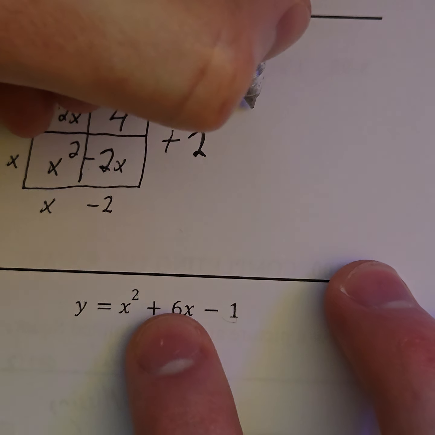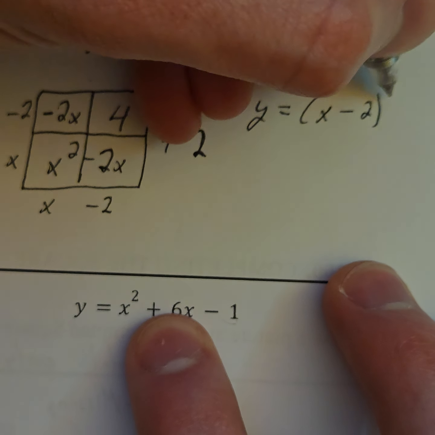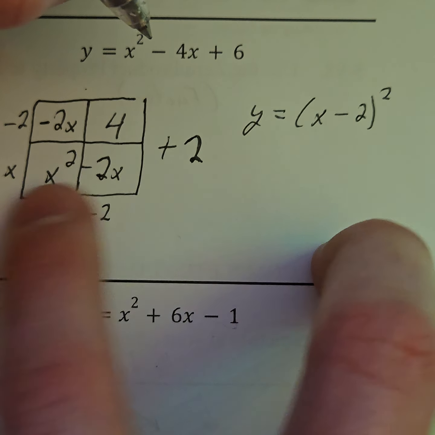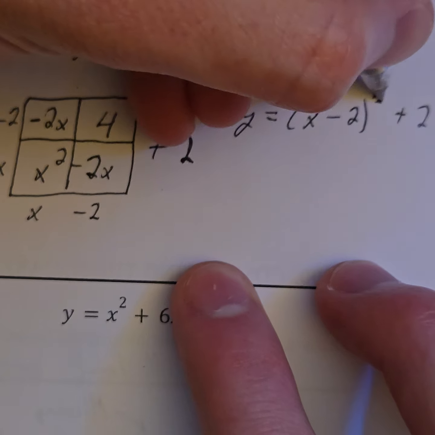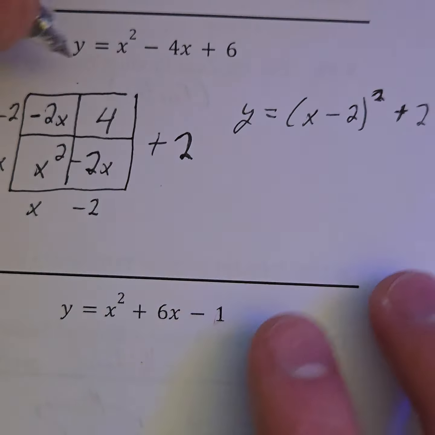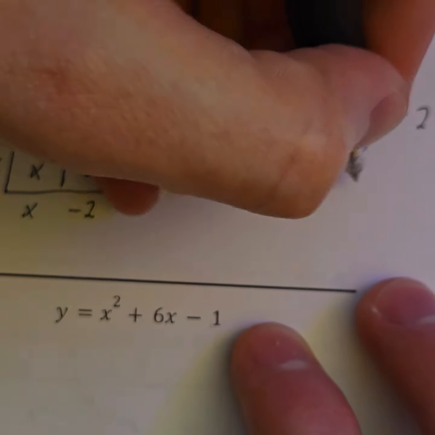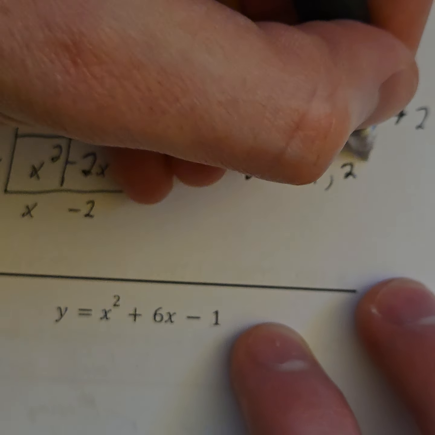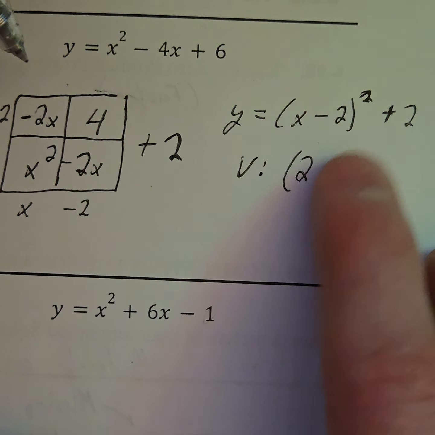So my answer in graphing form is y equals x minus 2 squared. That's the square. And then just plus 2. And there you go. And then the vertex is at 2, 2. So the opposite of -2 is +2. Keep the 2 for the y.